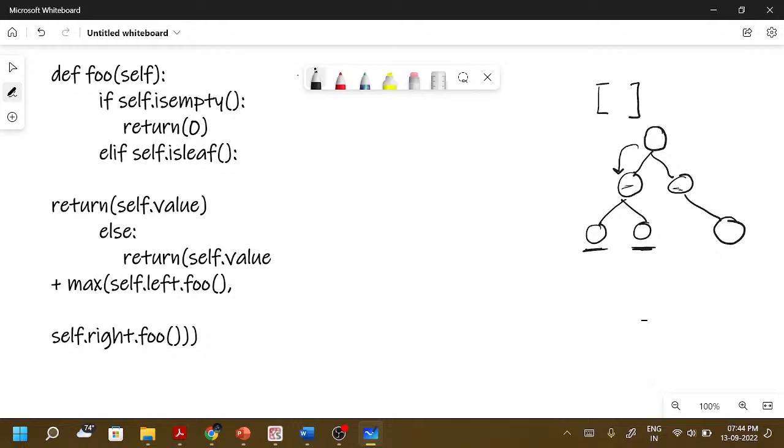It will choose the maximum of the two. Here this one is a root but this one is a leaf, so the leaf will return its value itself. Now the next foo will choose the maximum of these two, and the maximum of these two is this. So this plus this, and then it should go here directly.